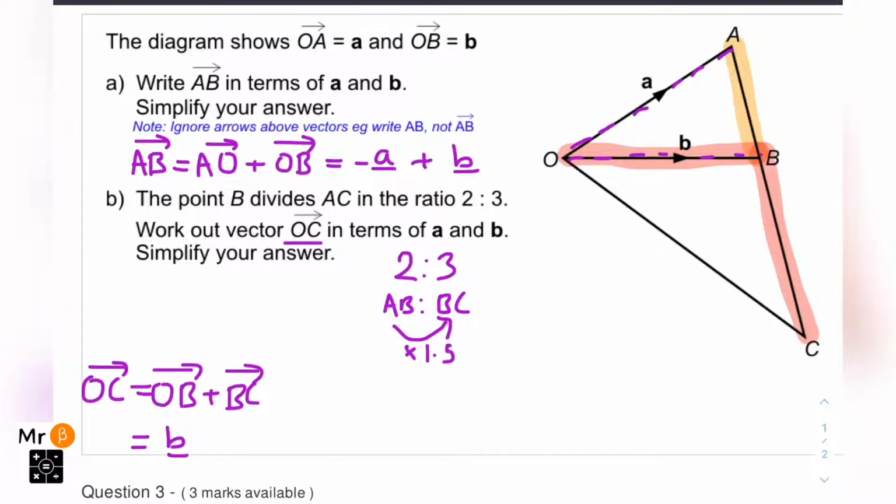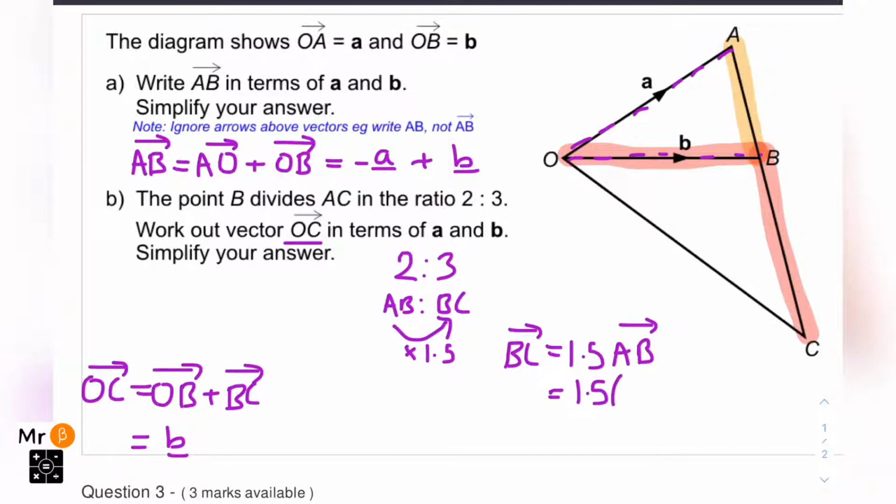So we know to go from AB, the length which we worked out in A, if we times that by 1.5, we would get the length BC. So we know that BC is equal to 1.5 times by AB.